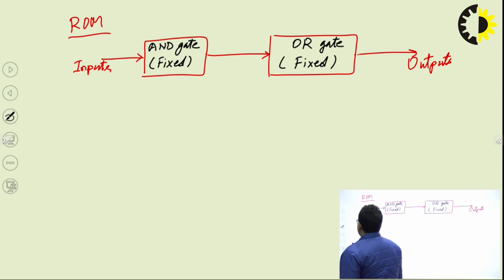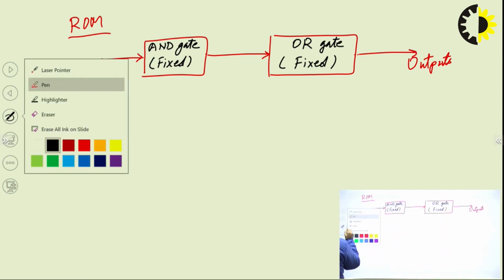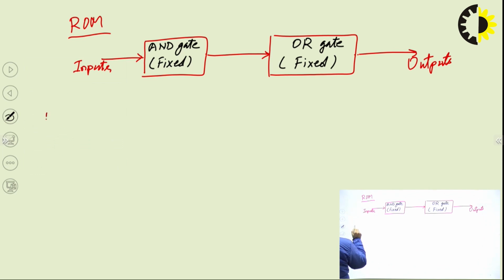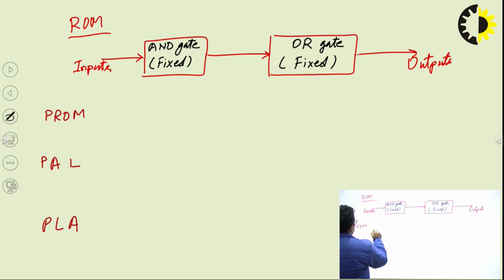So that is the block diagram for the ROM. Similarly, you can draw the block diagram for the PROM. Also, one can draw the diagram for the PAL, and finally the PLA. Same thing.